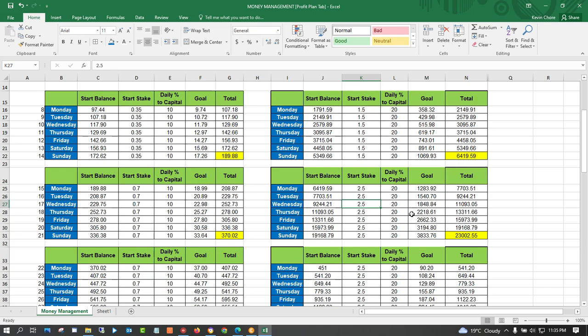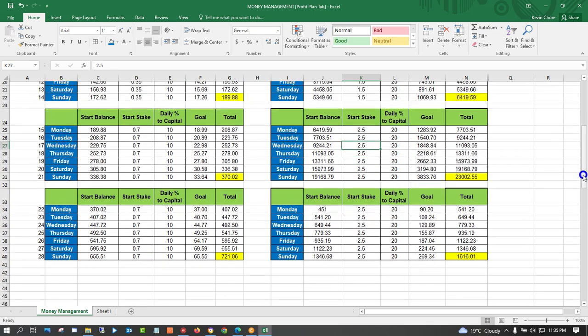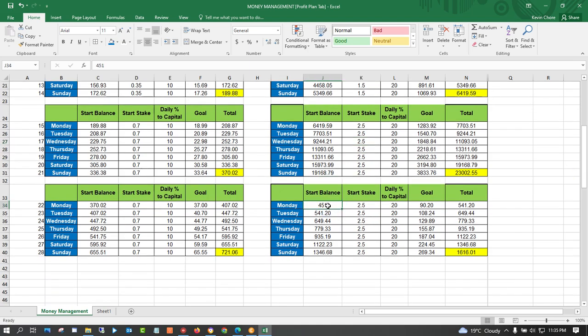Okay, and this 23002.55. But if you look at the rules of Deriv.com, you cannot go more than $50,000, right? So maybe you'll end somewhere here.